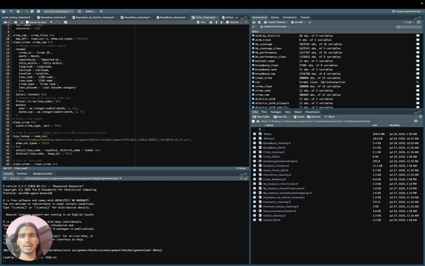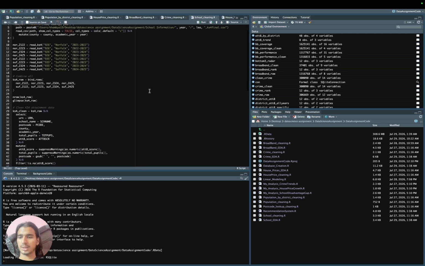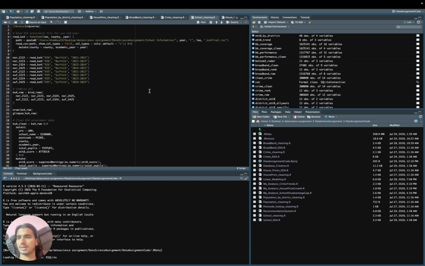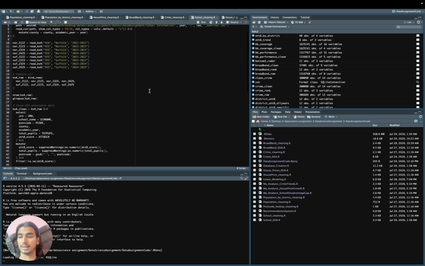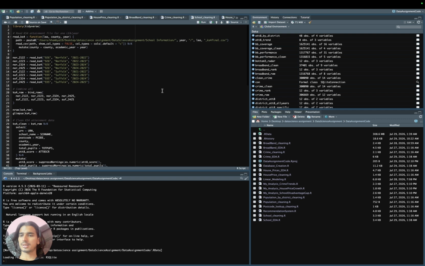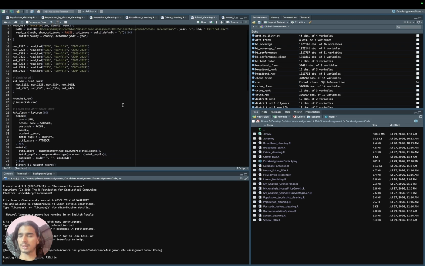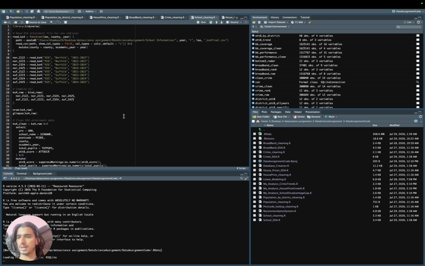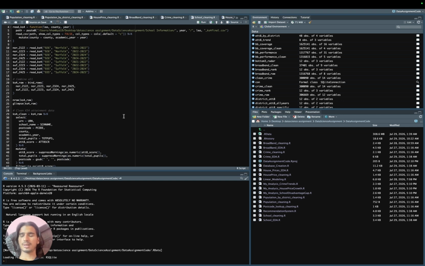And finally, for the schools cleaning, I combined several years of exam performance data, as we can see in the code, and converted attainment score to proper numbers and matched schools to their district the same way.